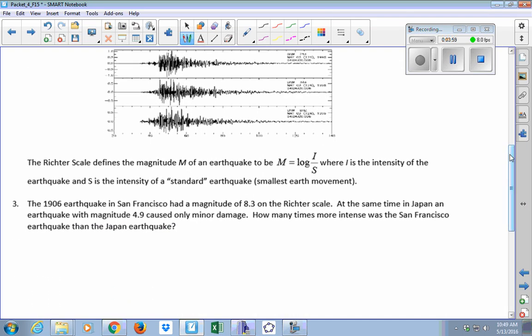And this is the formula that models the magnitude, M, of an earthquake, which is what you just saw beside that earthquake from Greece, M 6.6. It's the log of I, where I is the intensity of the earthquake, divided by S, where S is the intensity of what we call a standard earthquake, which is the smallest earth movement. So this is just a constant.